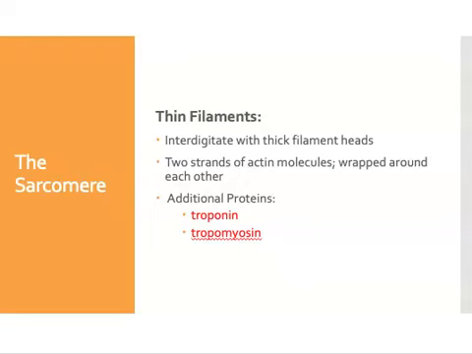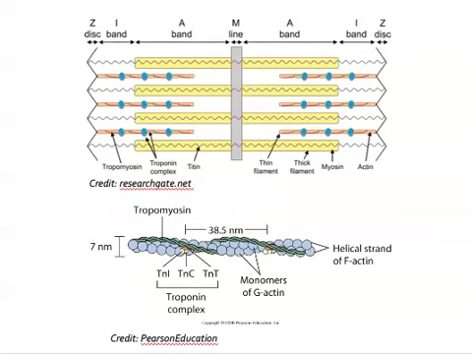Now, we said that there were additional proteins involved in the sarcomere, and two of those proteins are associated with the thin filament specifically. Those proteins are called troponin and tropomyosin. On this slide, down at the bottom, you can see a drawing of a thin filament.